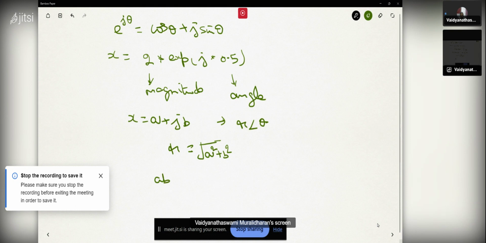MATLAB command abs(x) gives magnitude, angle(x) is phase. Phase is always minus pi to plus pi radians.